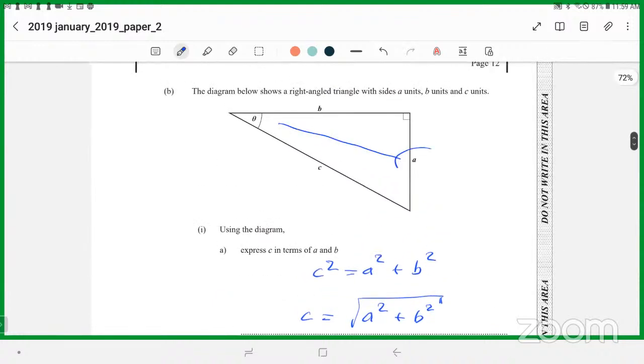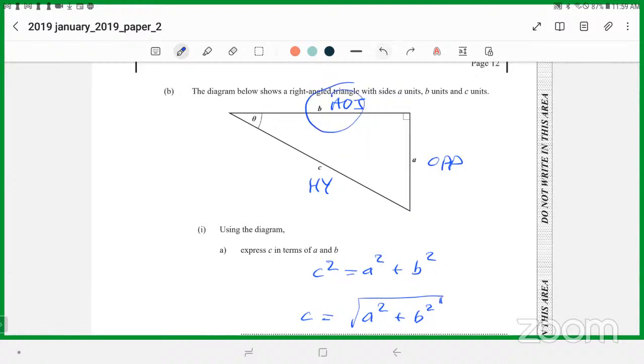The opposite is the A, isn't it? This is the opposite to the theta. This is the adjacent to the theta. And right here is the hypotenuse. So if you want the sine, it becomes A over B, no, A over C. My mistake. Opposite over hypotenuse. A over C. And the cos theta is B over C.